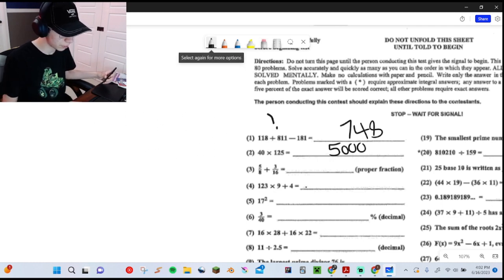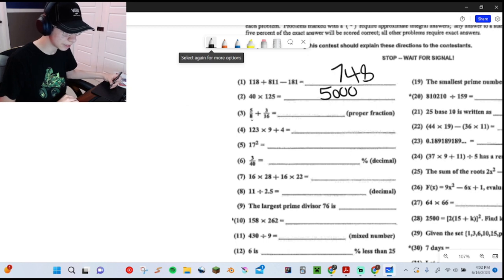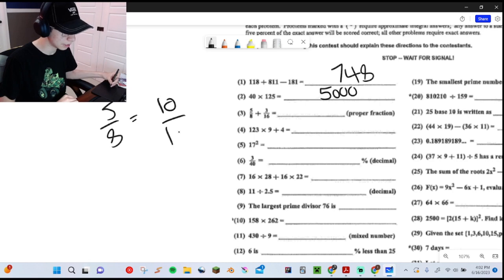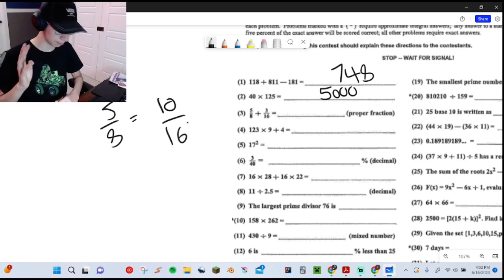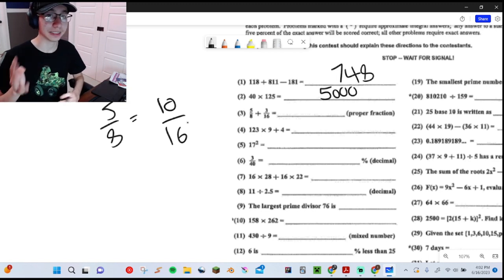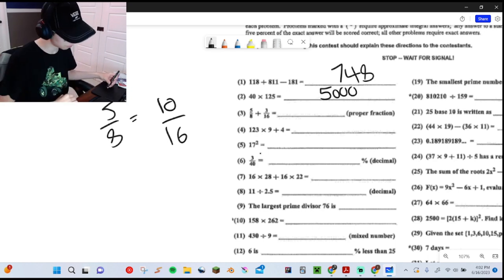For number 3, what we can do is we can make the 5/8 into 10/16. Now why would we want to do that? When we're adding fractions, it's best to get these fractions to have like denominators. So you can just add the tops.